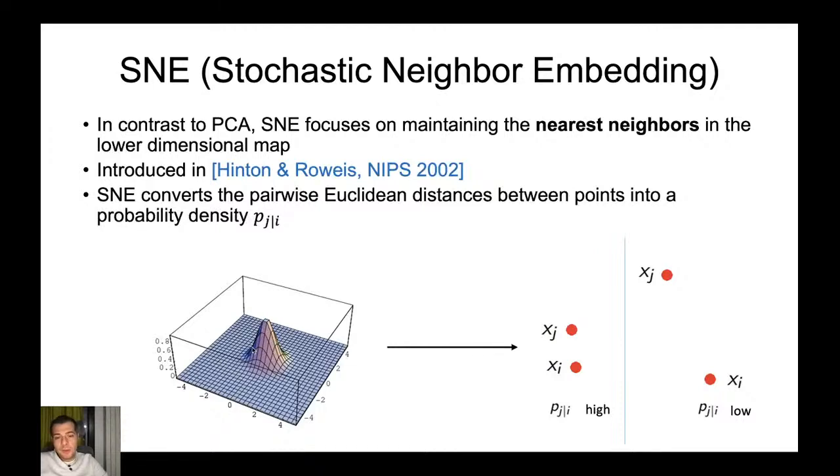So we use the distances as a way to obtain this probability density, and then when we apply the optimization, we want to make sure that these probabilities for close points are still high, and we do not care about the probabilities of points that are farther apart.